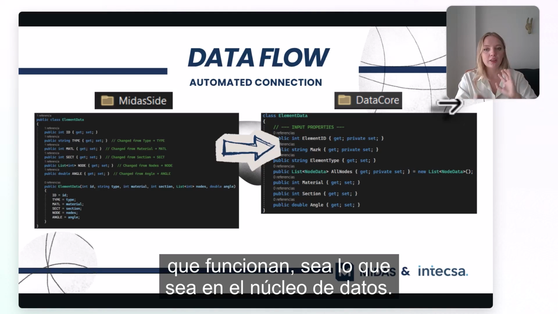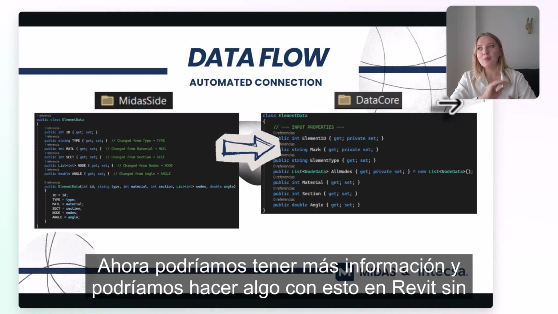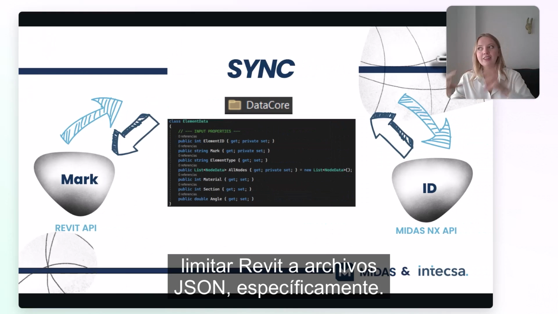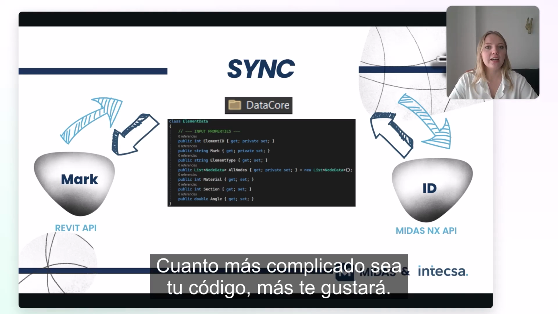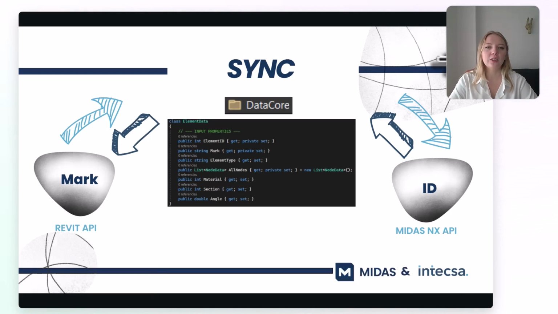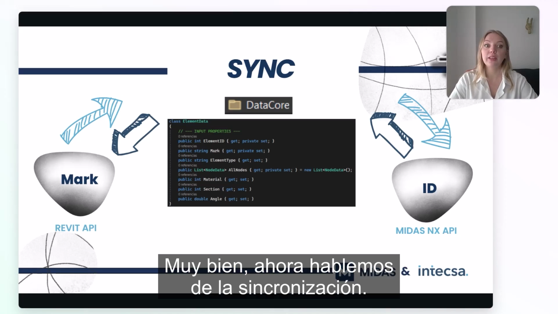So we could now have more information, and we could do something with this in Revit without tightening Revit to JSON files specifically. And I think you will really love this idea. The more complicated your code will be, the more you will like it.